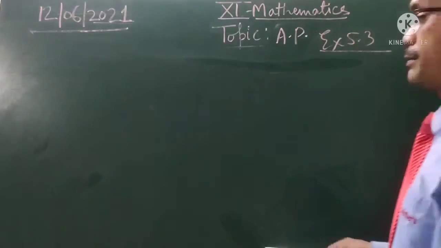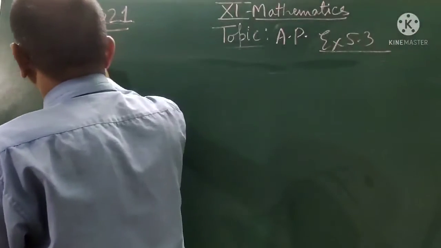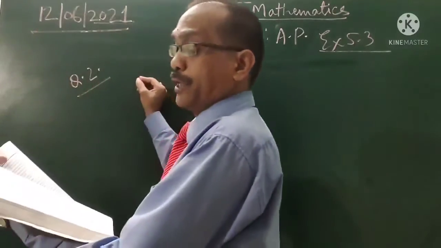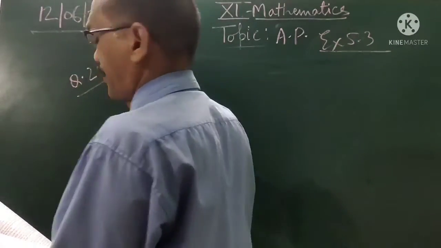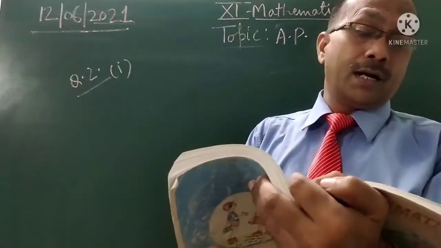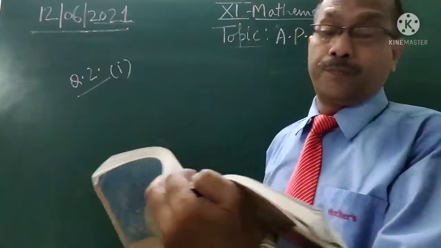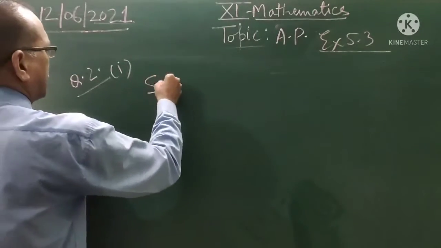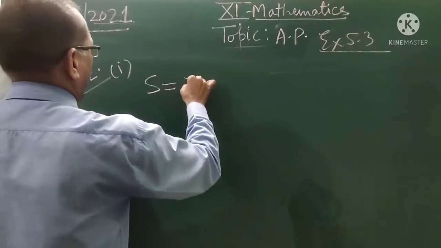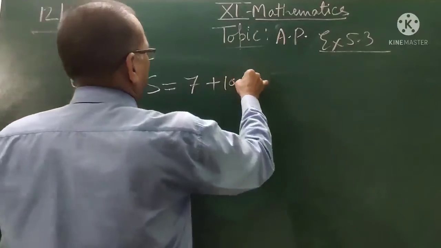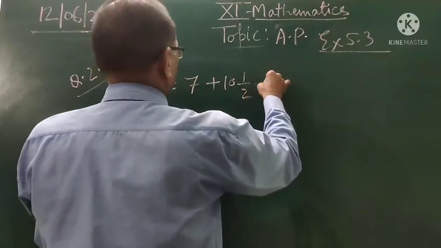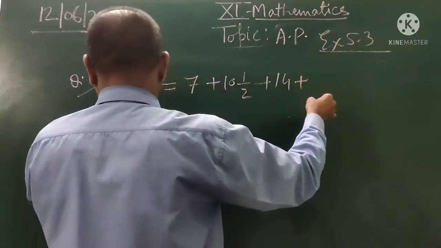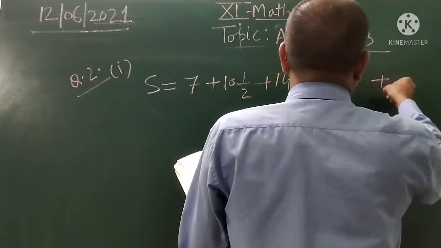Student, now question number 2, first part. Find the sums given below. Here S equal to 7 plus 10 and a half plus 14 plus and so on plus 84.